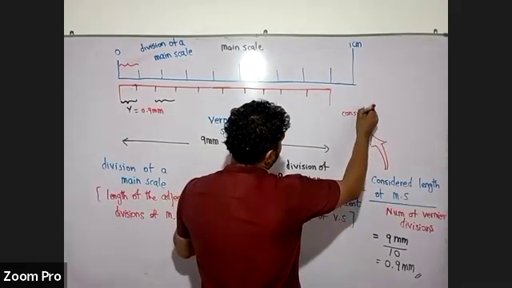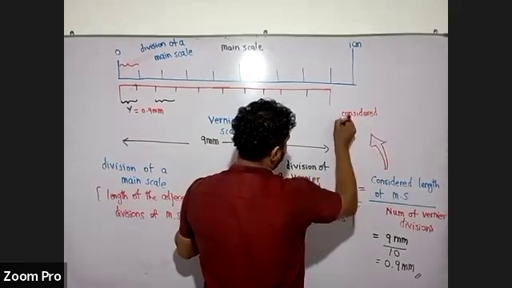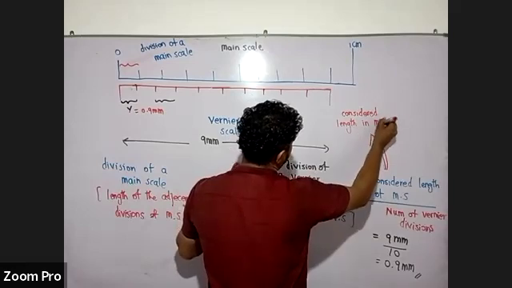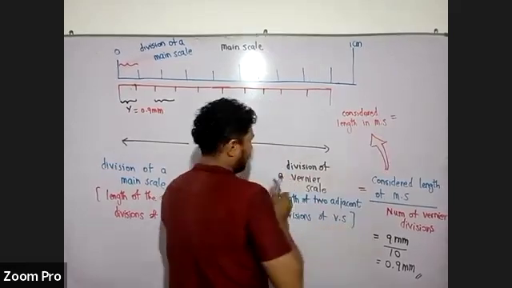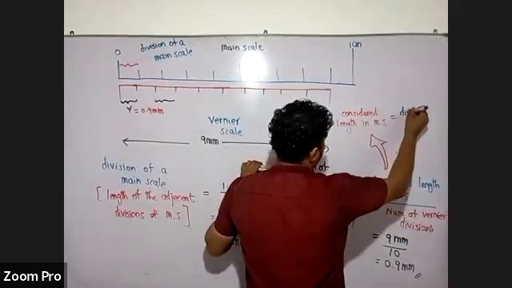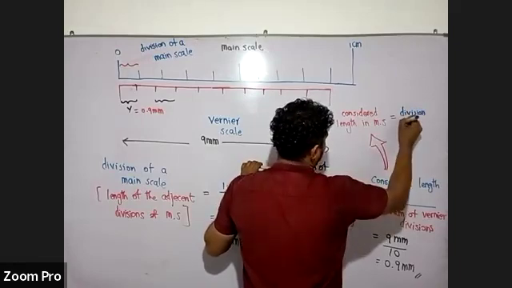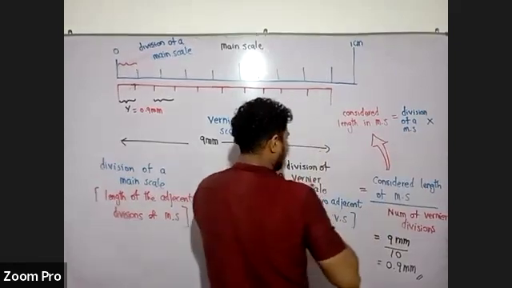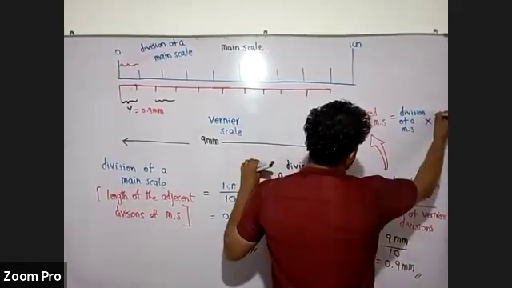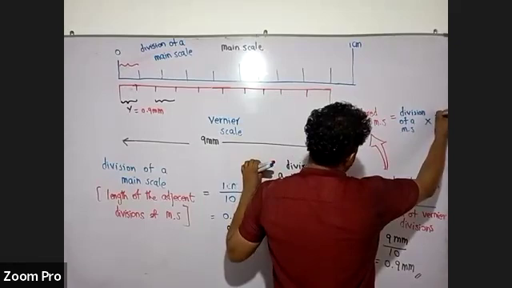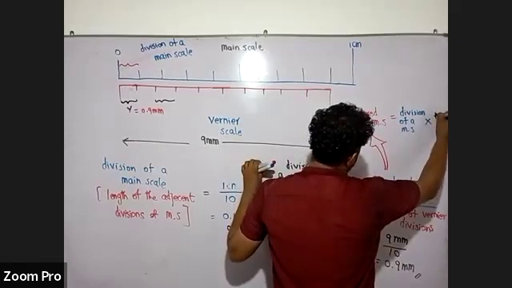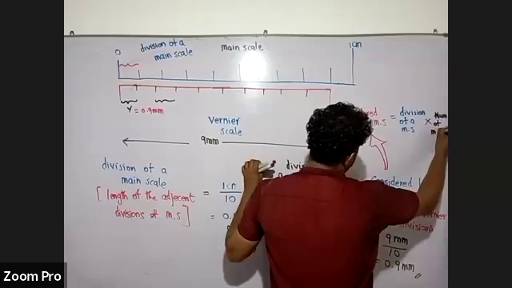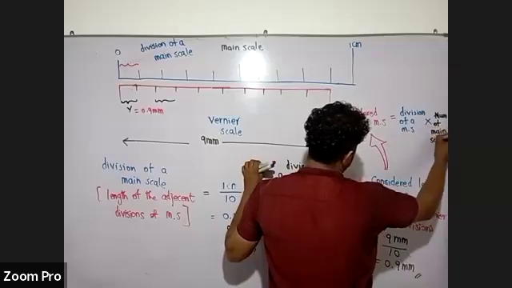In any instance, the considered length of main scale can be obtained by the division of a main scale multiplied by the number of main scale divisions.